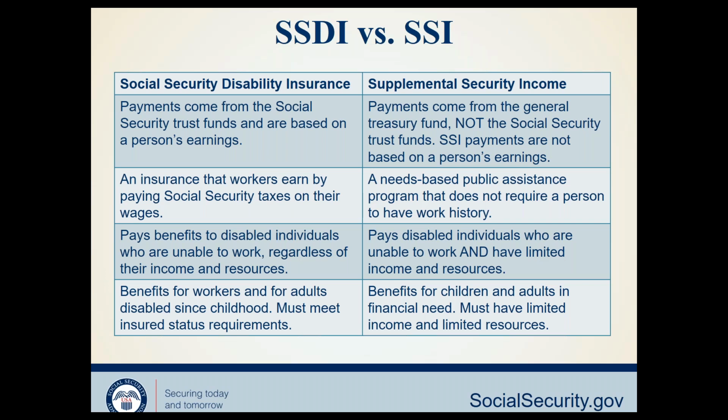If you meet the non-medical requirements for SSDI, SSI, or both programs, we send your claim or claims to a state examiner in your state. So, for example, if you filed here in Florida, we would send it to the state of Florida examiners here. The medical examiners work for the state agency called the Disability Determination Service, or DDS.